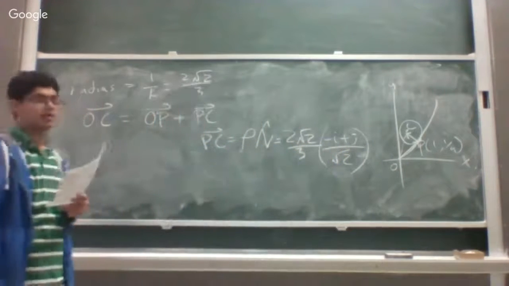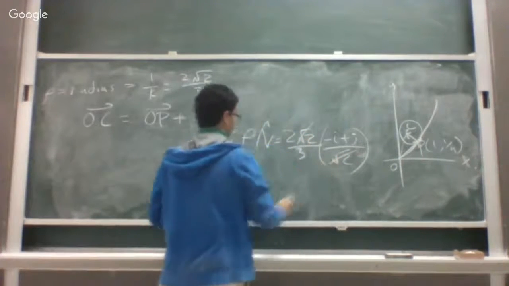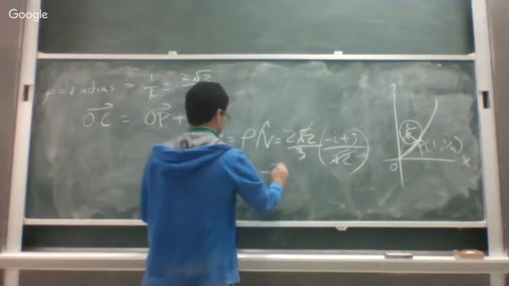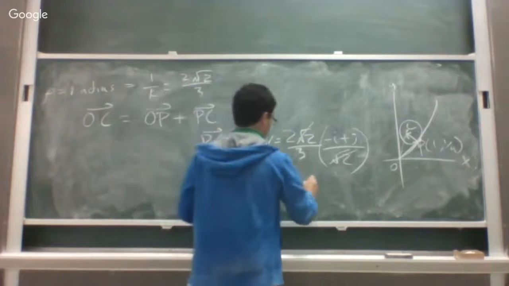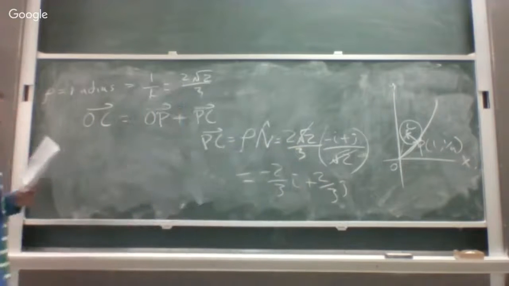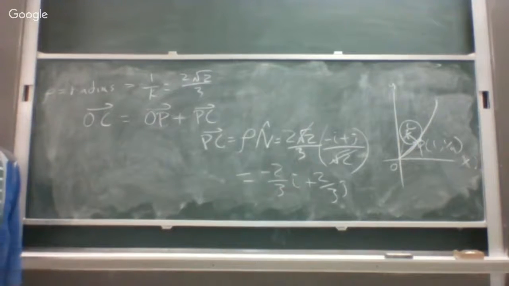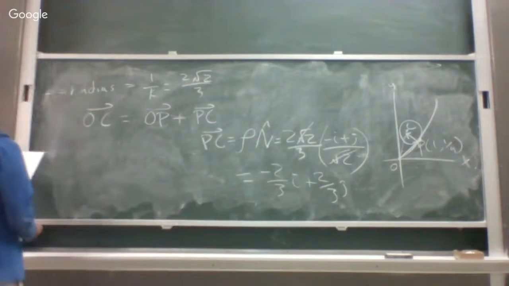That time I distributed the i. The square root of 2's go away. So vector PC is equal to negative 2/3 i plus 2/3 j. Okay, did that make sense? Because that's very important that you understand the logic behind it.